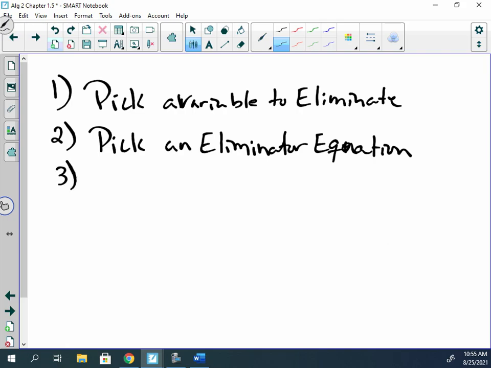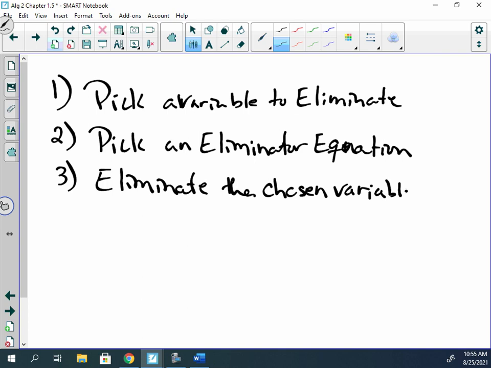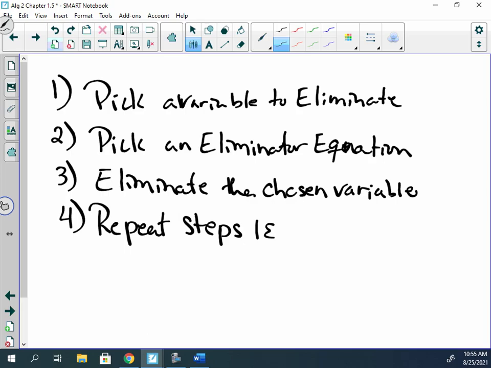Step 3: eliminate the chosen variable. Step 4: repeat steps 1 through 3.